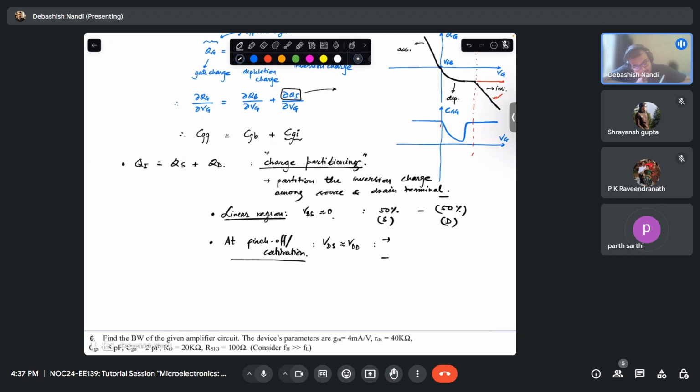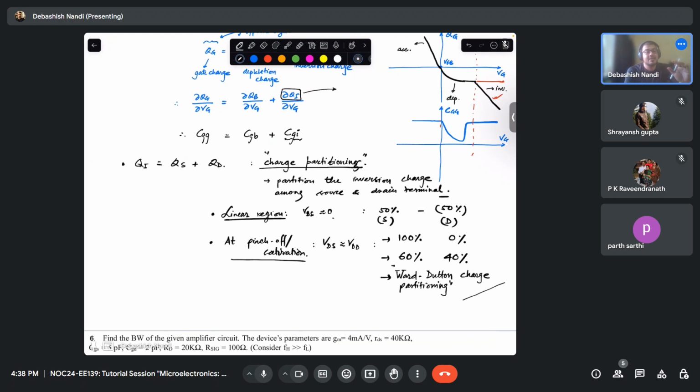So there are multiple methods which scientists have proposed in the history. One is 100% to source, 0% to drain. Another one proposed 60% to source, 40% to drain. And there is another theory which is called Ward-Dutton charge partitioning. Okay, what does it do? It approximates the thing as a linear function and then partitions the entire thing linearly from source to drain.